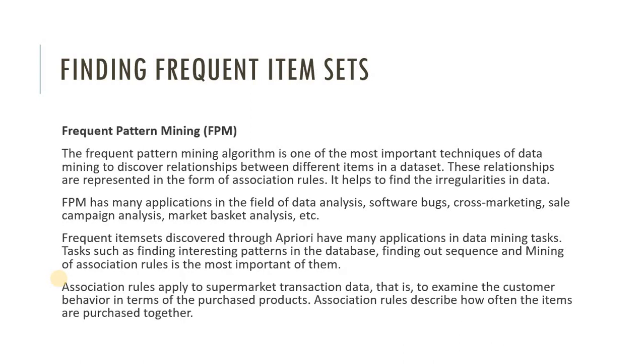Next, what is frequent pattern mining? The frequent pattern mining algorithm is one of the most important techniques of data mining to discover relationships between different item sets in a data set. These relationships are represented in the form of association rules. It helps to find the irregularities in the data. So frequent pattern mining is used to find the relationship between the products.